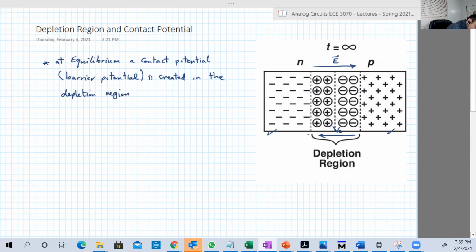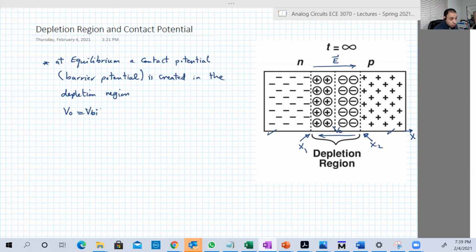If this is the x-axis, and we call this x1 and this x2, then V naught, which is VBI, has many names. Some call it V naught, some call it barrier potential, some call it VBI. All these names are valid.